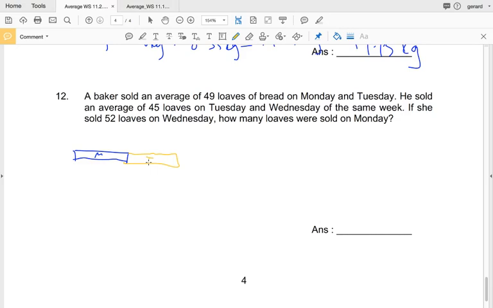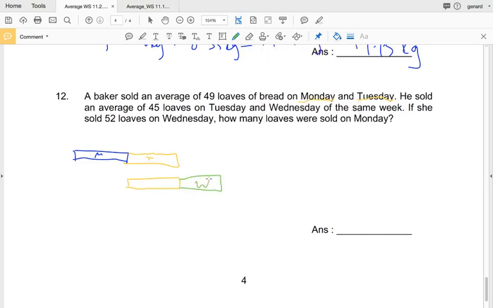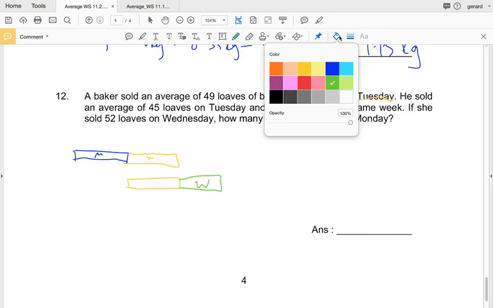So we got the first one, Monday and Tuesday, already. Next one, he sold an average on Tuesday and Wednesday. Change the color for Wednesday, choose green. Wednesday is green. Wednesday and Tuesday.